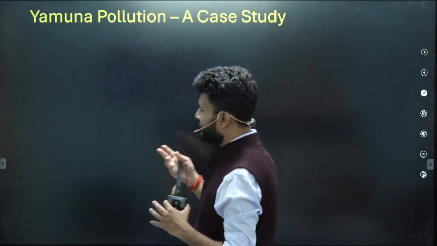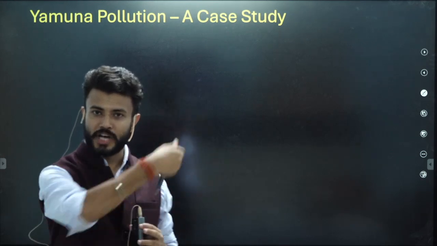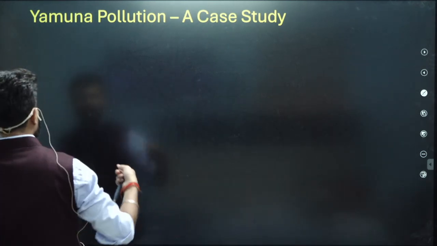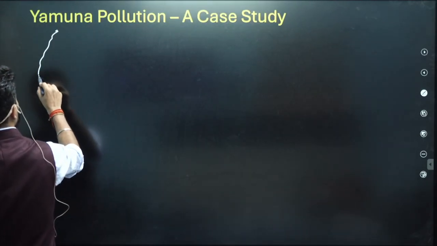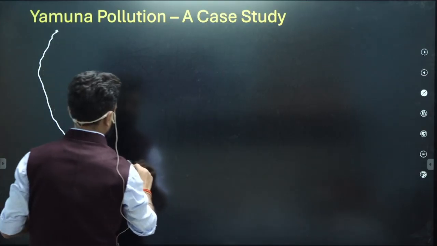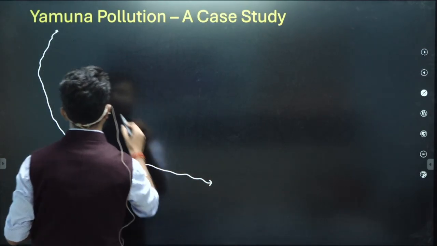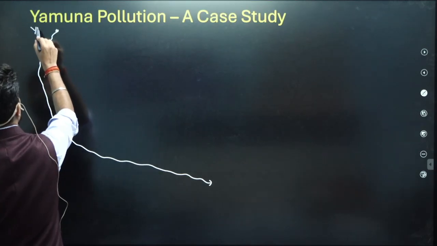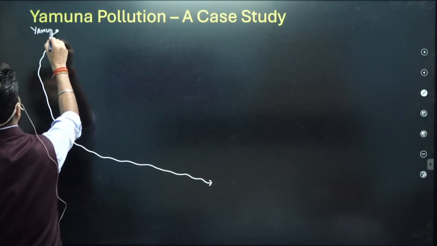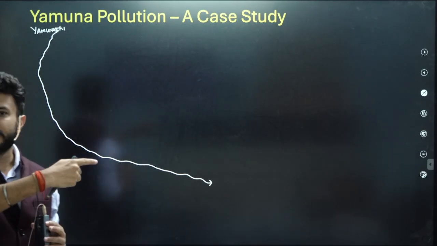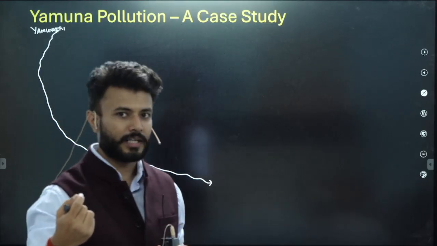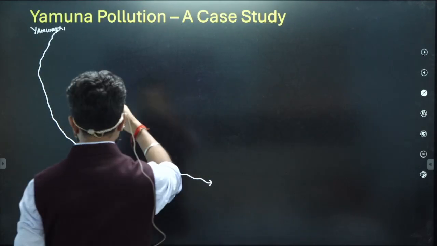Let's say if I have to chart river Yamuna's track from its origin, the source. So let's say this is the rough track of river Yamuna moving like this, and this point, we know, is Yamunotri. There are some important points along this river which you need to understand. Okay, so the first point is Yamunotri.